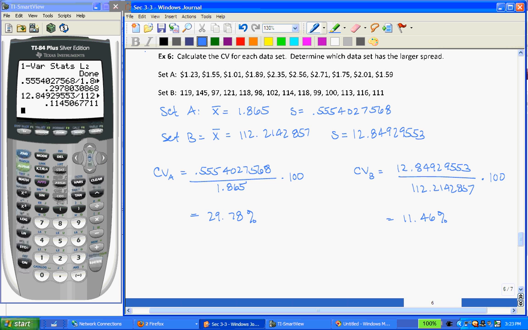So even though these were drastically different data sets, one was in dollars, one was just regular numbers, we can look at these and say, well, set B, whatever that data comes from, has a smaller measure of spread than set A. And it's because we got down to percentages rather than the units of each individual set that we were able to do that.